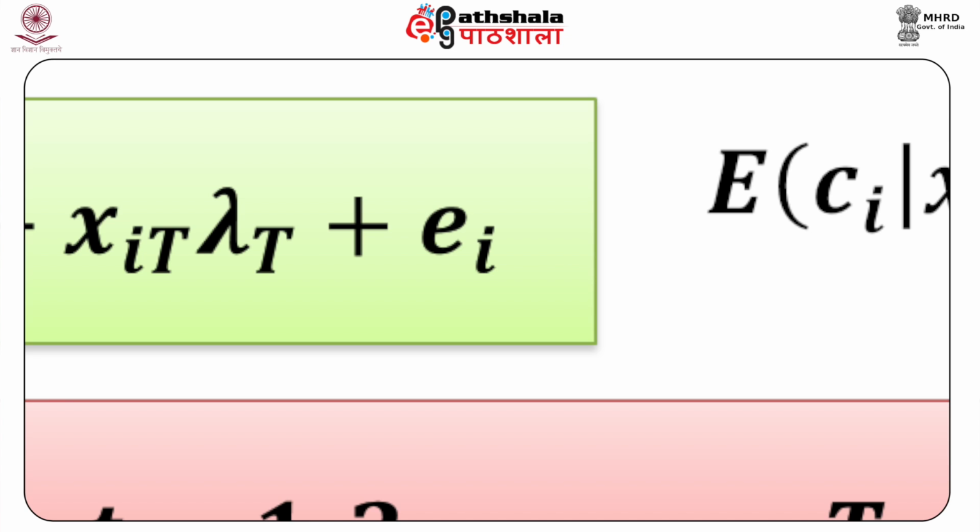Also, with intercept and trend, v_i,t-1 star is equal to v_i,t-1 tilde minus v_i1 tilde minus (t minus 1) divided by capital T times v_iT tilde.